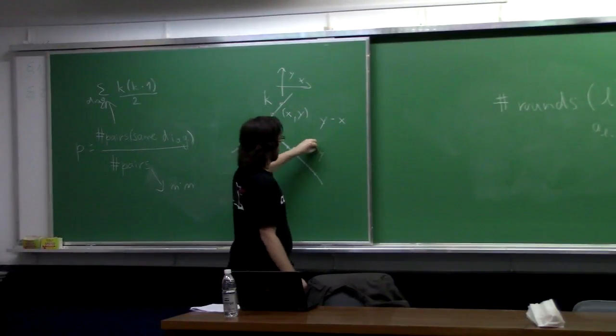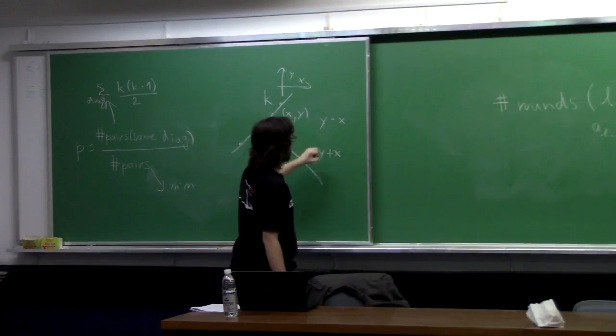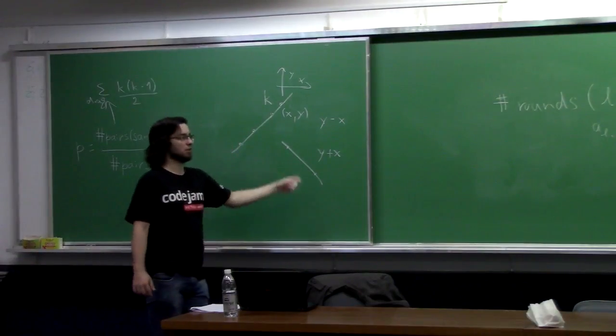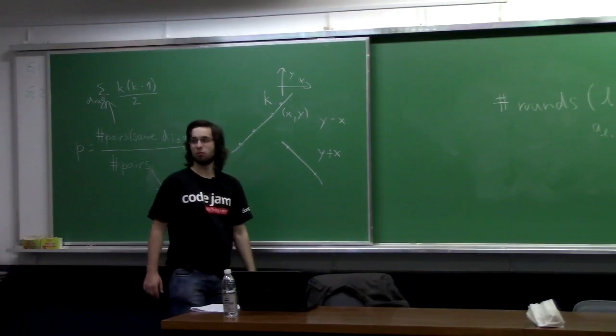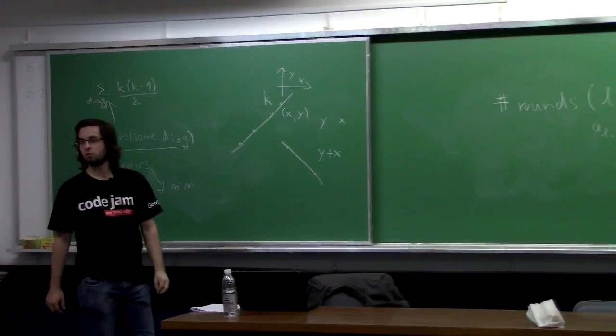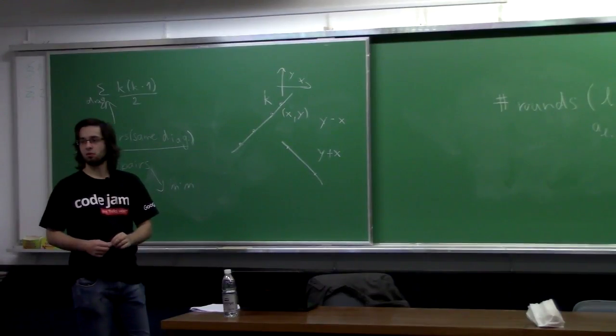For the other diagonal, the points that appear on it have y plus x the same. Then in this case the order matters, so we can divide by 2.